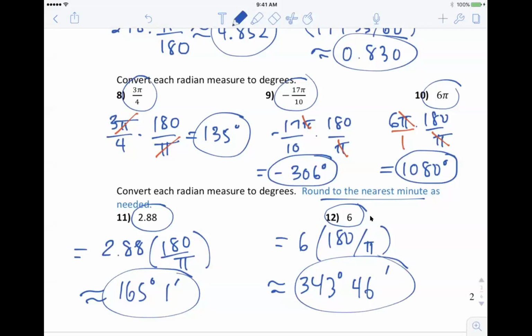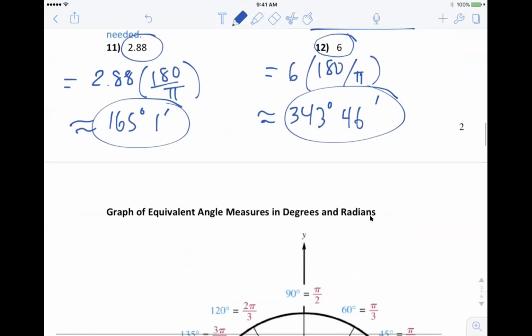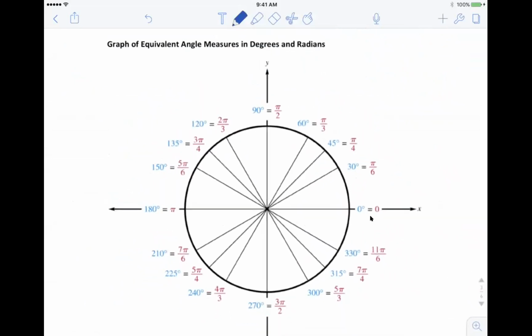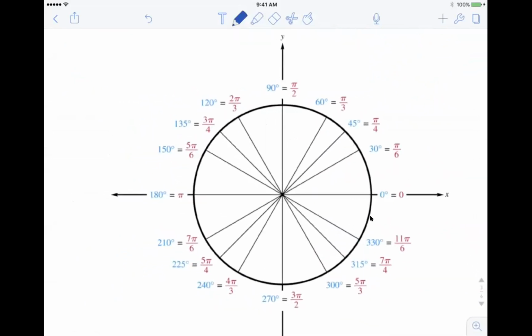Now the next page in your handout, there's nothing to do. It's just for reference. So this one, here's a nice image of pretty standard angles in degrees and in radians, right? All the way around 360 degrees. So it's a good reference if you want to use that throughout the semester.